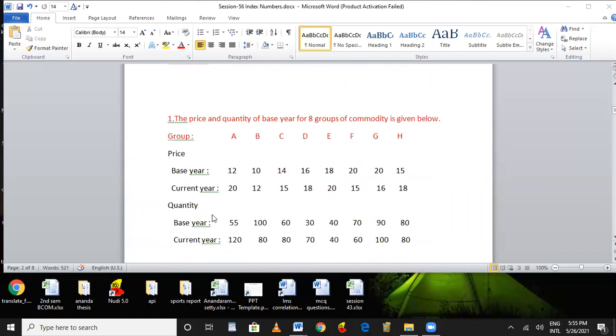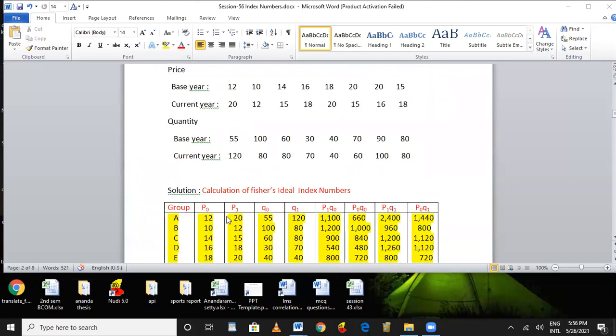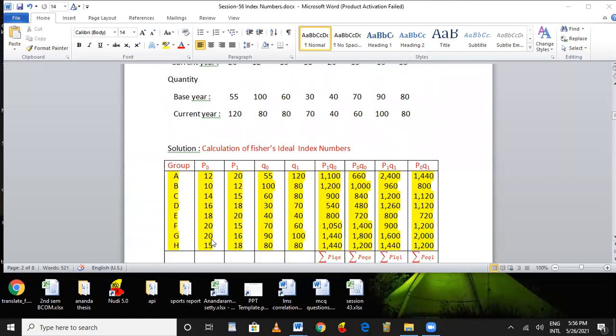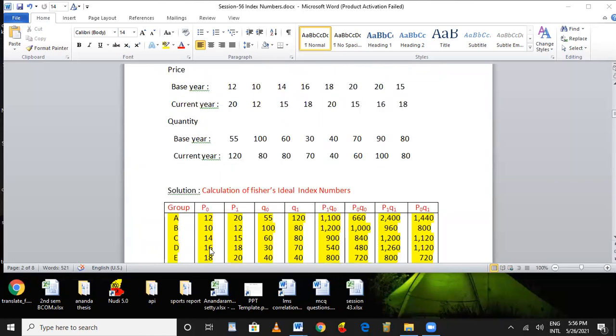Let us solve the problem so that we will understand what Fisher gives about the index number. Here base year's prices, current year prices, base year's quantity and current year quantity are given. Base year prices have been assumed as P0, current year prices as P1, then Q0, Q1. P0: 12, 10, 14, 16, 18, 20, 20, 15.